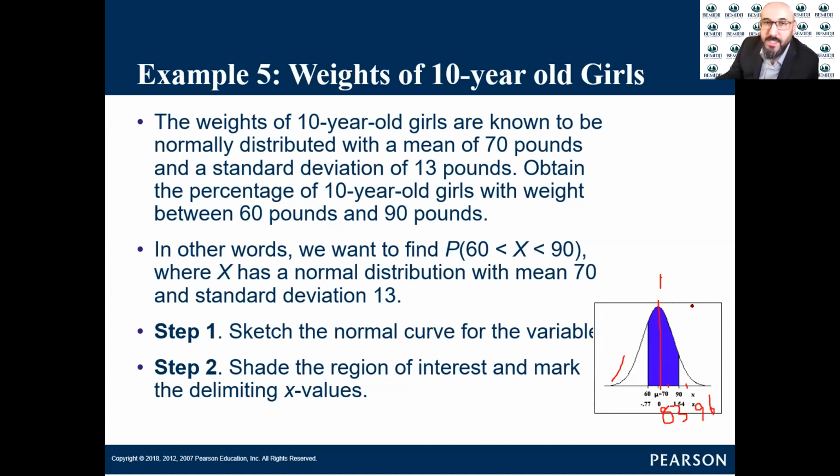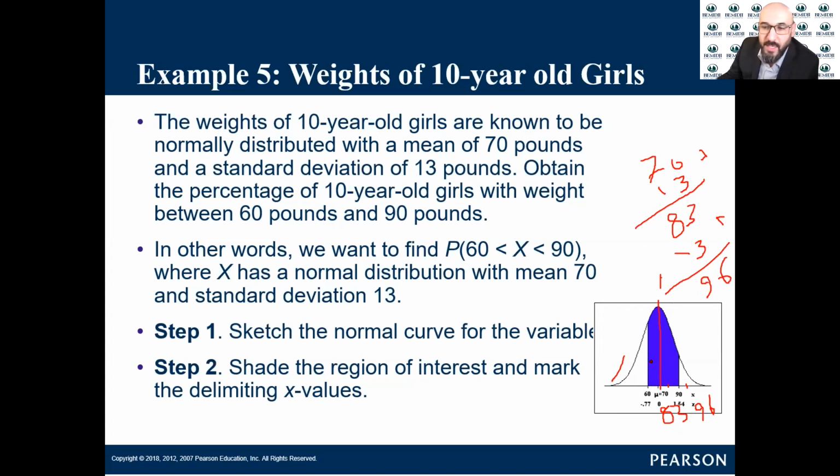Again, how did I do the calculation? I add 70 plus 13, and that would be 83, which is 1 standard deviation. Add to that another 13 to find the 2 standard deviation point, which is 96.